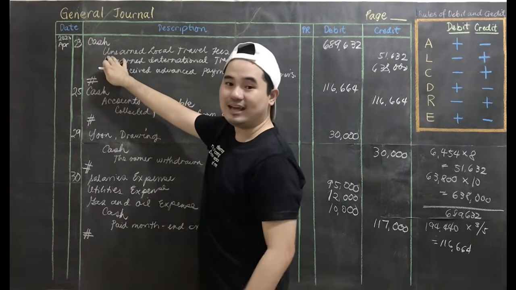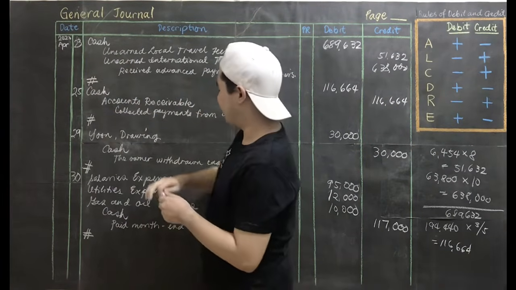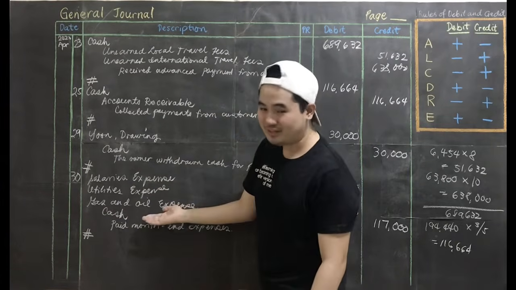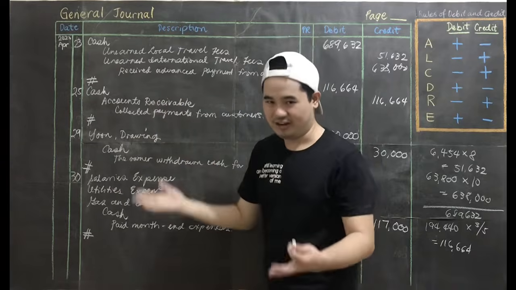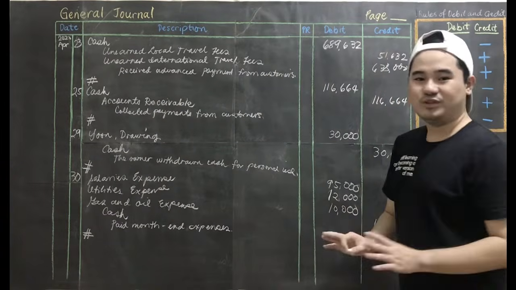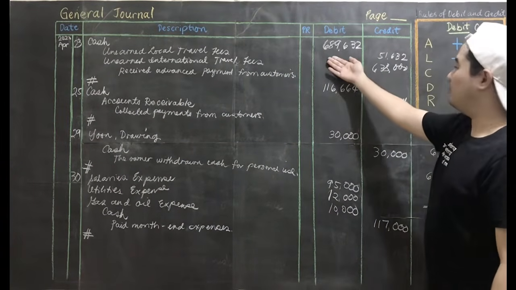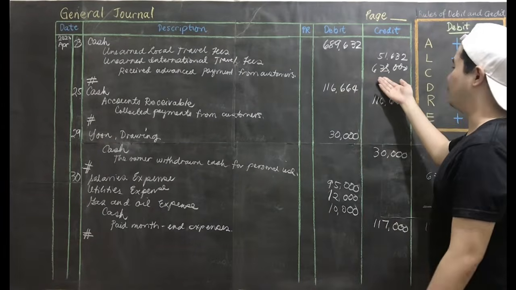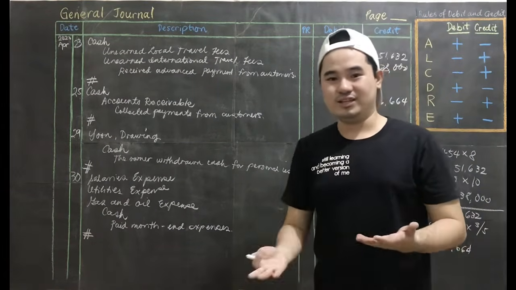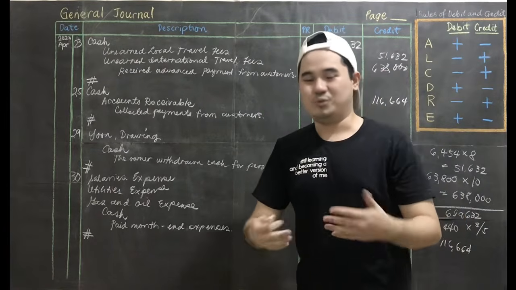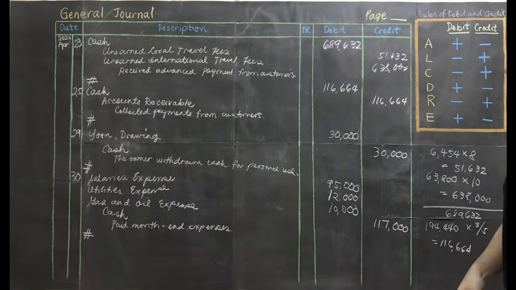Then, indent natin, account to be credited. Pwedeng magkaroon ng tatlong debit, isang credit, isang debit, dalawang credit. Okay lang. In every transaction, the amount of debit should equal the amount of credit. Which means that in every transaction, debit and credit should always be equal.